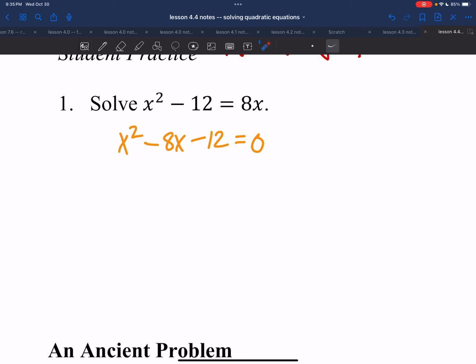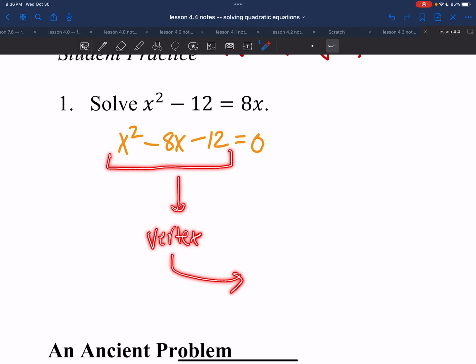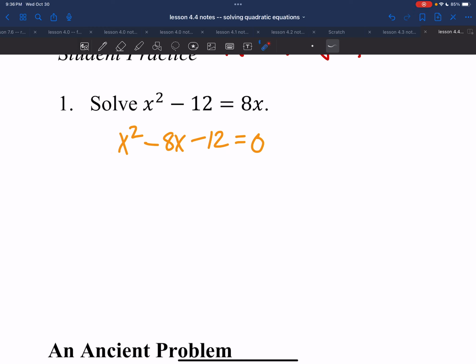But I think in understanding, if you keep everything on the left side, then you keep this idea that what you're doing is taking this to vertex form, and then solving, which I think is a little bit more powerful than just doing it for the sake of doing it.